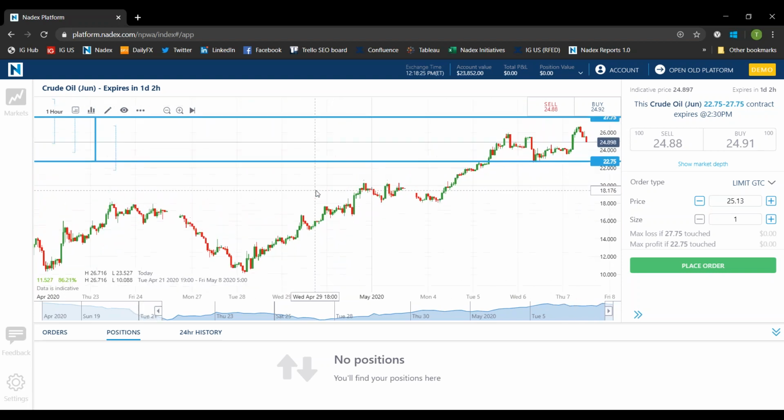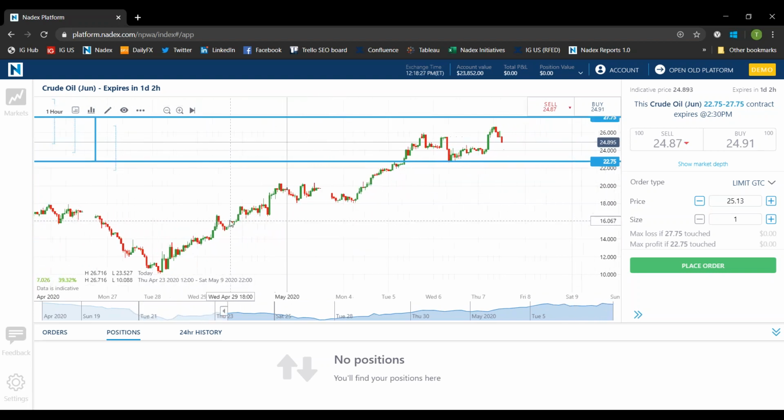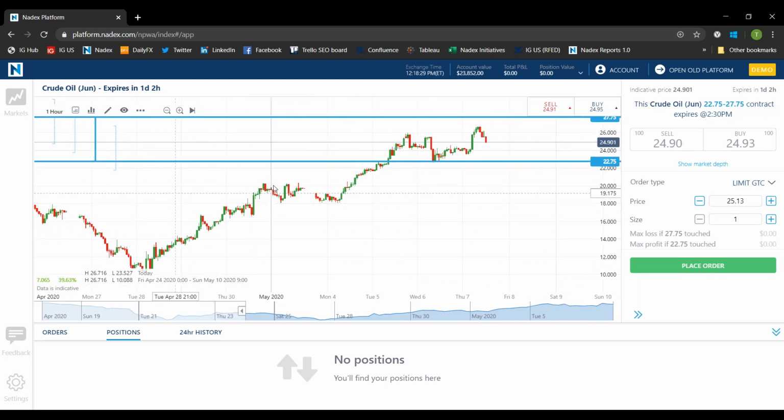But this is why I'm talking about oil. Clearly, it's been very volatile, and just for argument and for educational purposes, I'm saying, all right, I see the price of oil has rallied from down at $10 a barrel, and now it's up here, and I think, you know what, I think the price of oil is going to go lower.